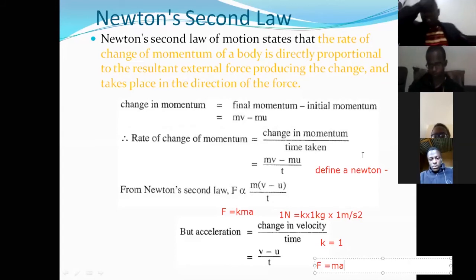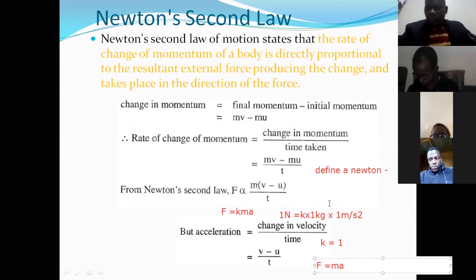Okay. So I want you to write down the meaning of a Newton. What is 1 Newton? 1 Newton is a force that gives a body of mass 1 kilogram an acceleration of 1 meter per square second.